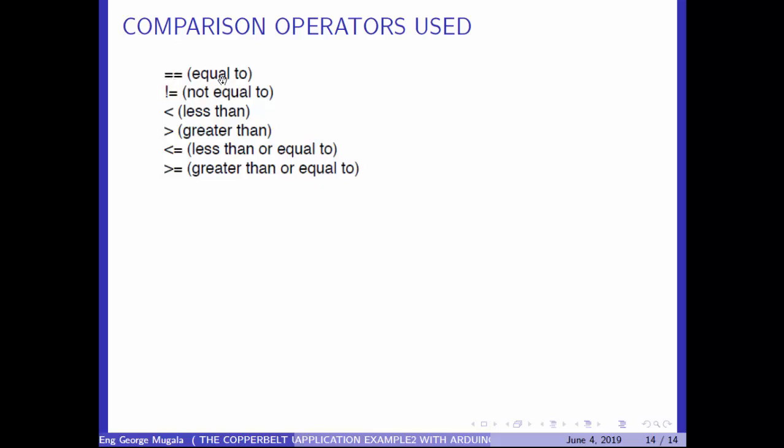If it's not equal to something, you use this testing condition. If it's less than, you use that one. If it's greater than, you use that one. And if it's less than or equal to, or greater than or equal to, you use those conditions. These comparison operators are very handy in programming, and I'm also going to walk you through some examples where we apply each one of these, right?